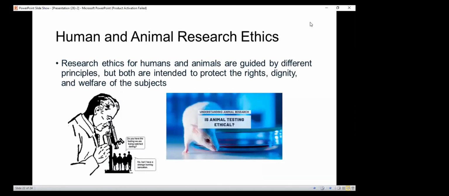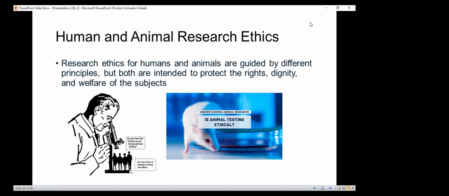And next, let's discuss human and animal research ethics. In this, both human and animal research are guided by principles, but they share a common purpose to protect the rights, dignity, and welfare of the subjects involved.